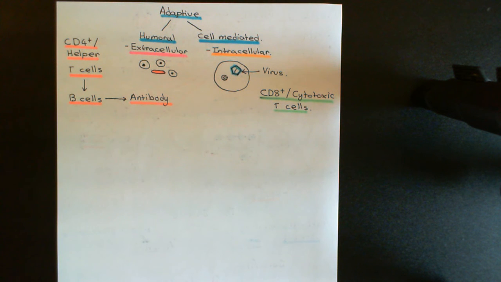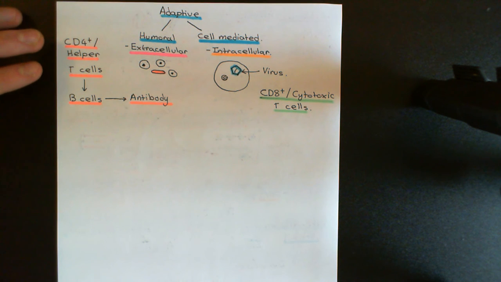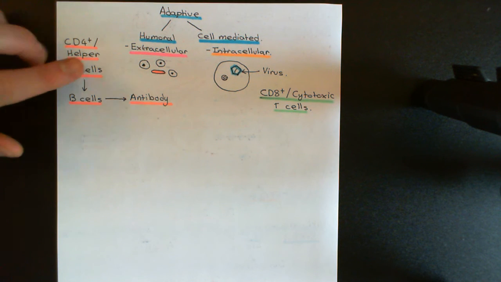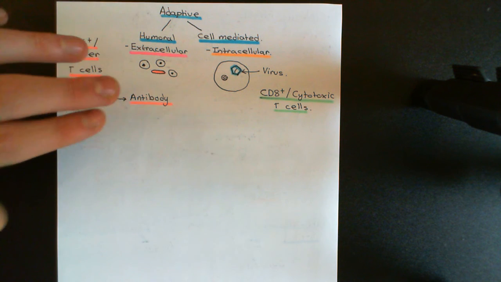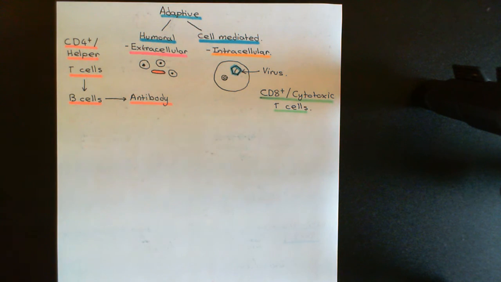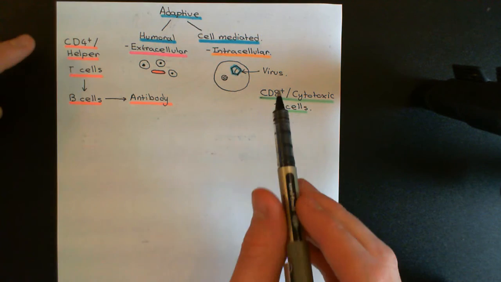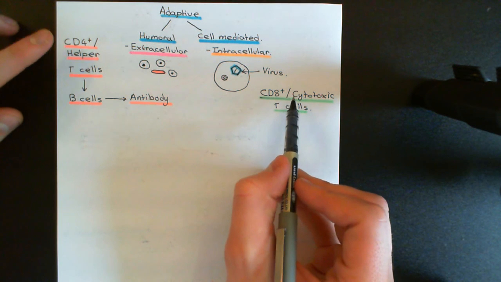So you'll then be reactivating new CD4 positive helper T cells that are specifically directed against the pathogen, which will then be activating new B cells, which will then be producing antibody. And the same for the cell-mediated response. You're continuously going to have to be activating more CD8 positive cytotoxic T cells that are directed against the pathogen.